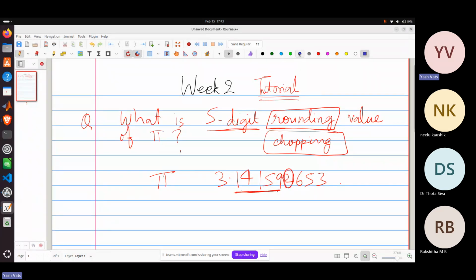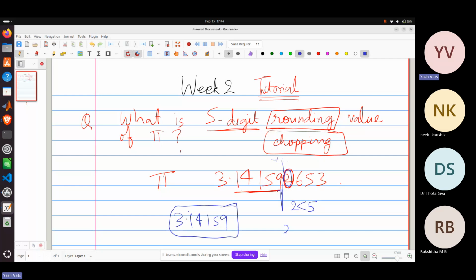If 2 is less than 5, then you keep it like this. If the next digit is 9 or something, then you increase by +1. So the answer will be 3.14159.